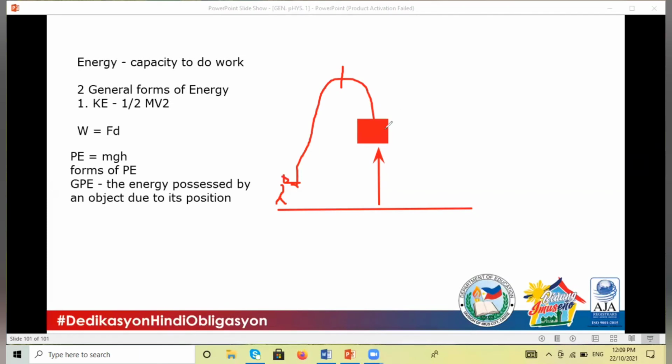At yung mass ng box na to, sabihin natin 5 kilograms. Yung mass. And then the height, yung height natin dito, let us say this is 10 meters. So what is the potential energy?